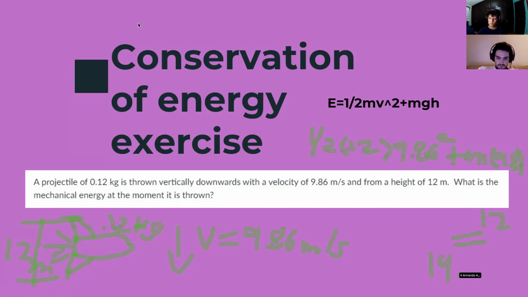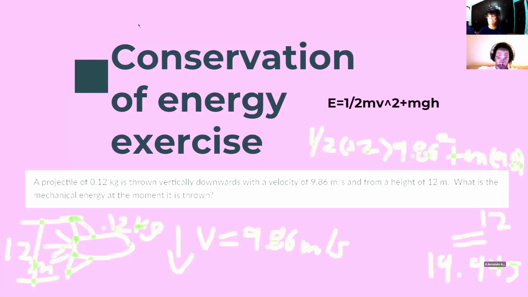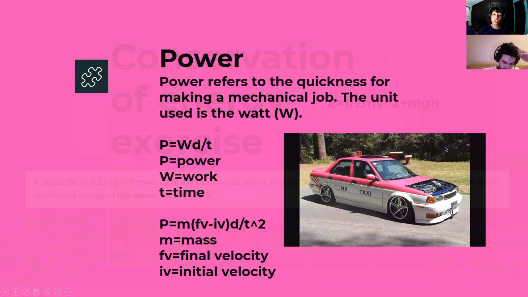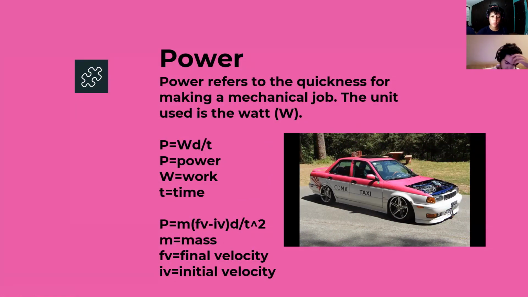And well, according to the formula, we only need to multiply 1/2 times the mass, that is 0.12, times the velocity, that is 9.86, and this we have to elevate to the square, and then we add again the mass.